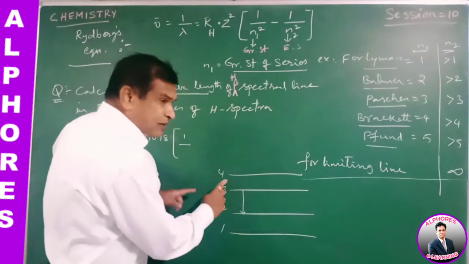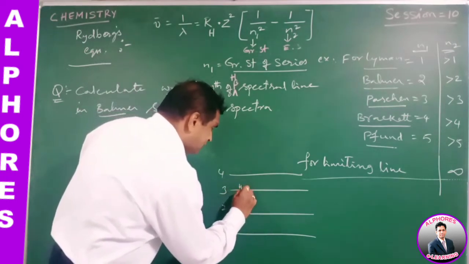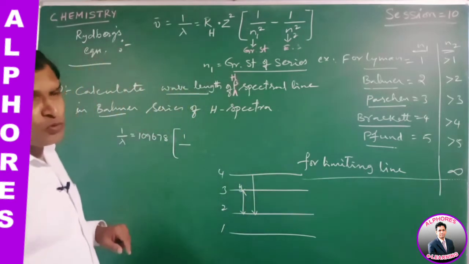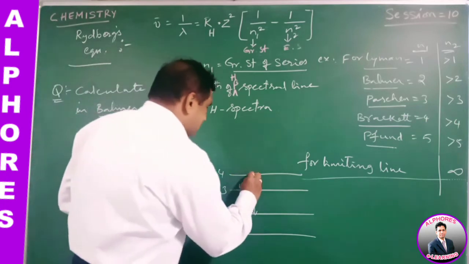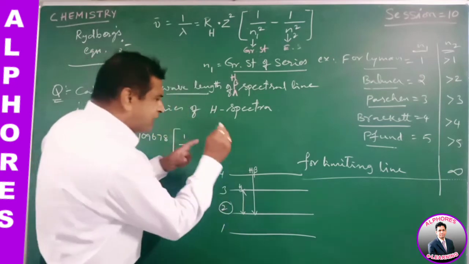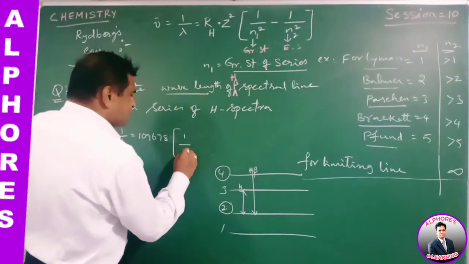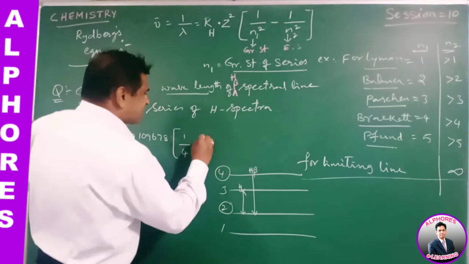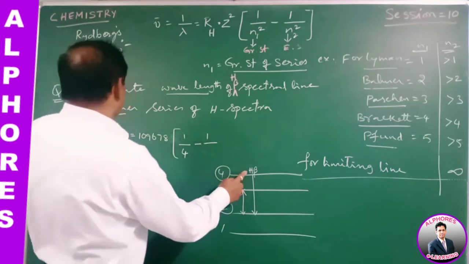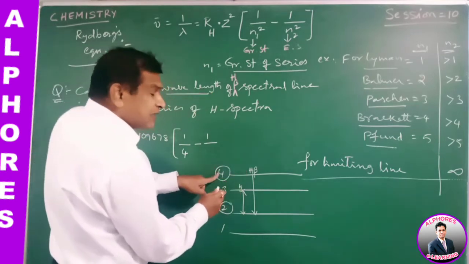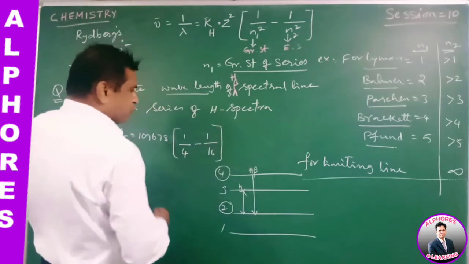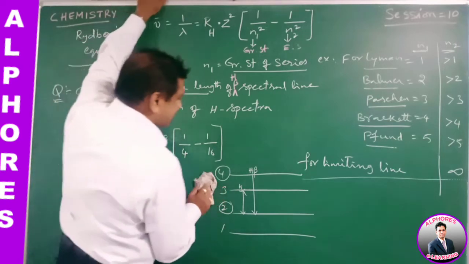That is the first line, H alpha, we know that. And when the electron is jumping from the fourth orbit to the second orbit, that is our H beta spectral line. So N1 is 2 and N2 is 4. N1 is 2 square, that is 4, minus 1 by N2 square. H beta means the higher excited state is the fourth orbit, that is 4 square means 16. This is the data we have to substitute like this.